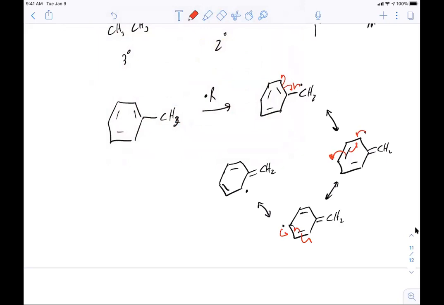So radicals can be stabilized like carbocations by conjugation.